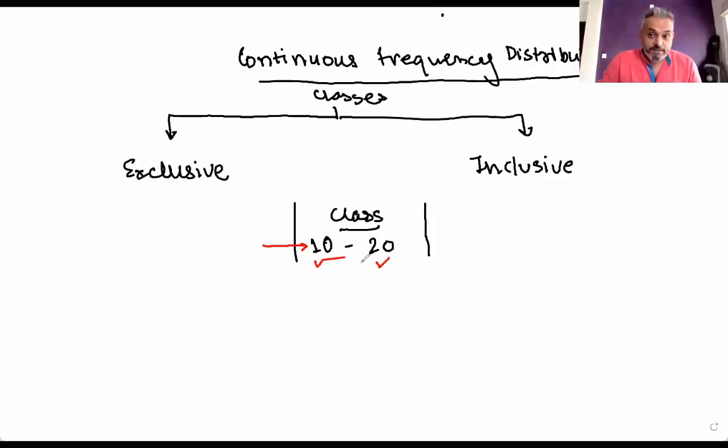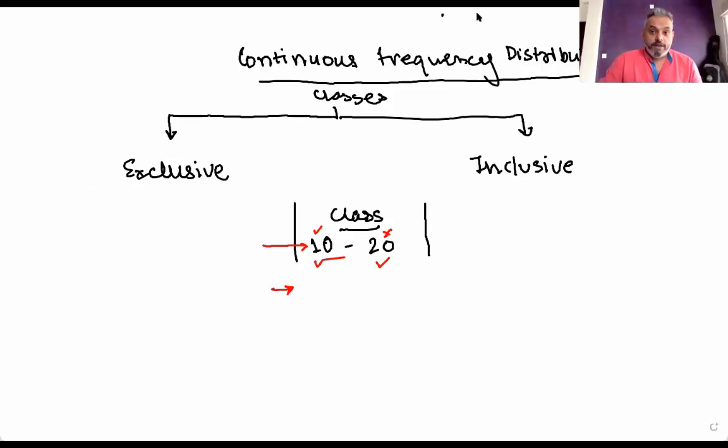If the question says it is exclusive, then we take 10 but we do not take 20. But over here, if nothing is given, we cannot say anything. So for that, we have to see what is the next class.